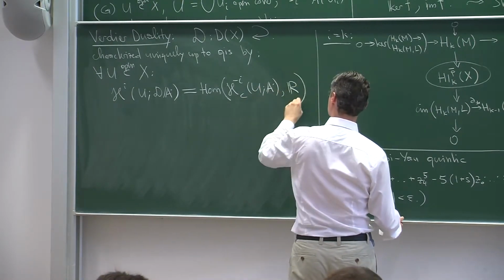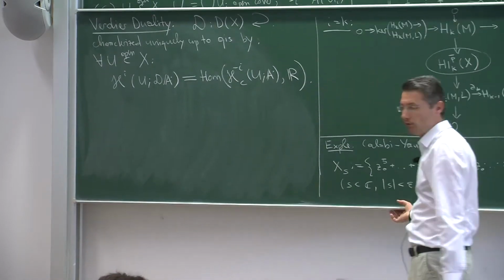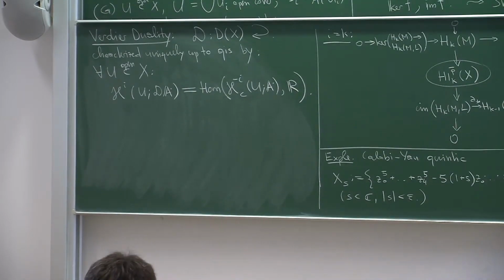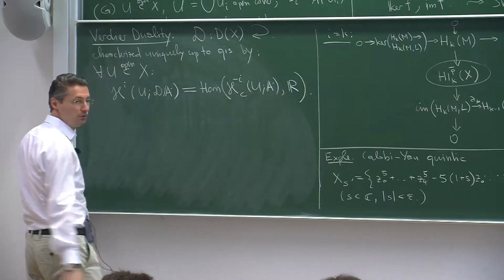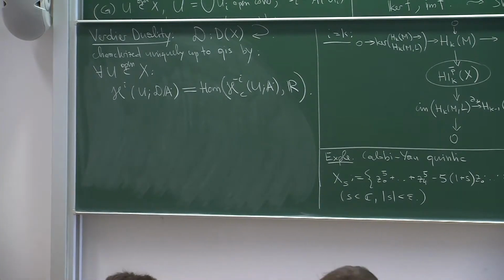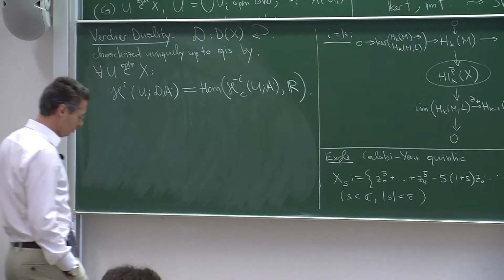Hom into R. And so if you know this over all open sets, this characterizes this functor. And this tells you at the same time the only thing you need to know really to compute it. This formula we will then use to compute it.